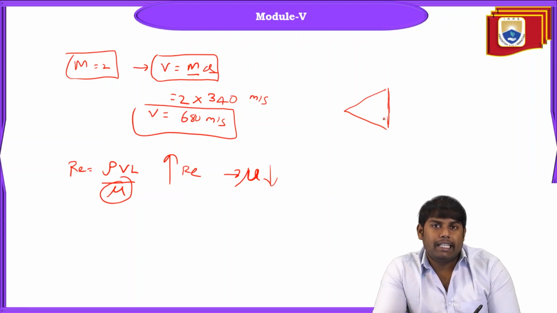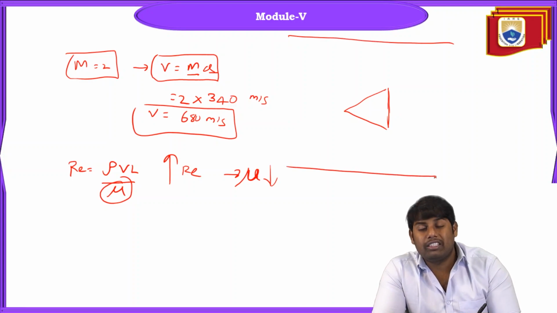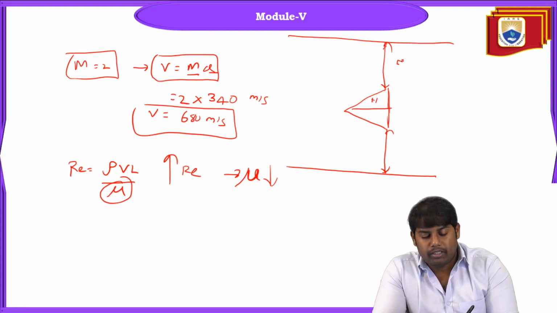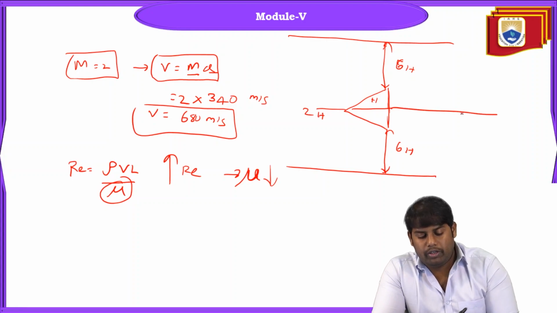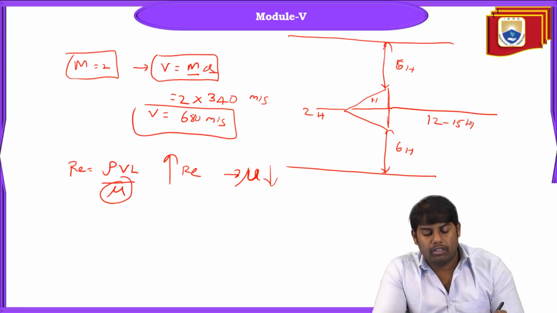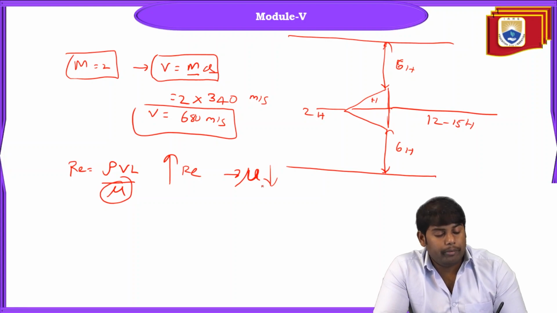If you want to investigate the triangle in incompressible flow, here the height or the spacing, let's say this is h, we have to take nearly 6 times h. Here you take something like 12 to 15 times h. So high computation and a large domain is required.